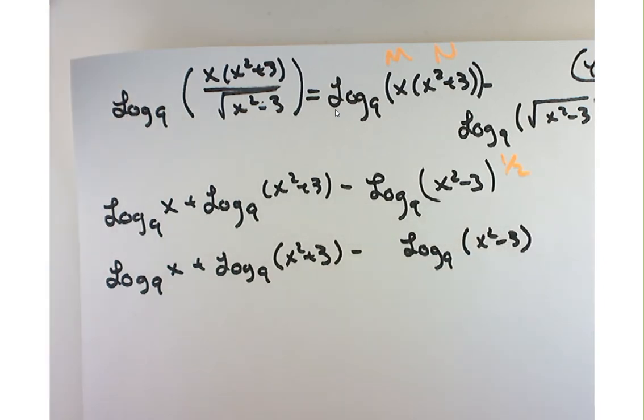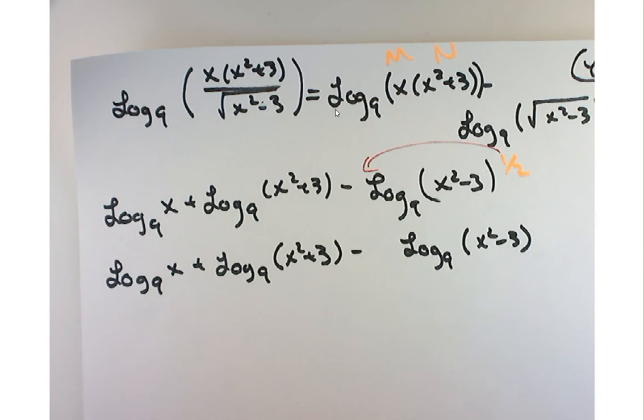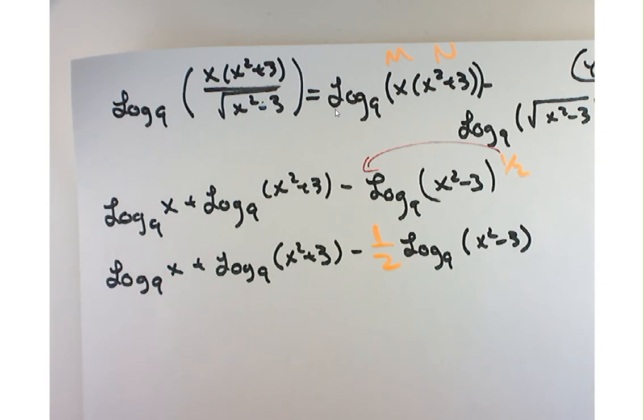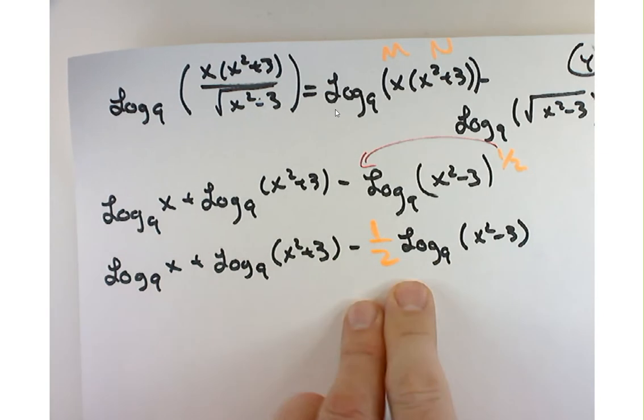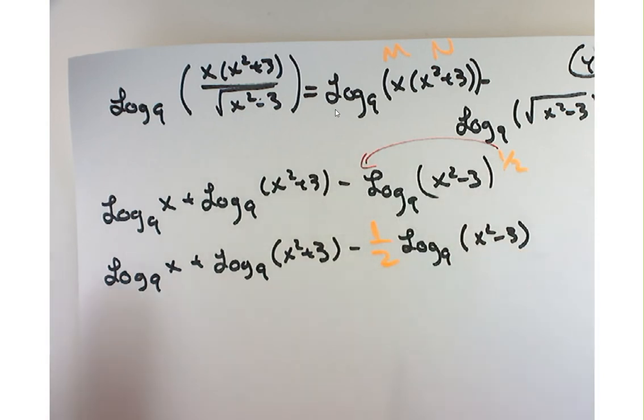It's one of our three properties that we're going to use here. Sean, some help? You can bring the 1/2 down. Yep. So we're going to use the exponent rule, or the power rule here, I should say. That 1/2 comes out in front. The exponents become coefficients, and that's the great thing about logs, is this property right here, that it brings that out in front. That's what's going to get all our work done.